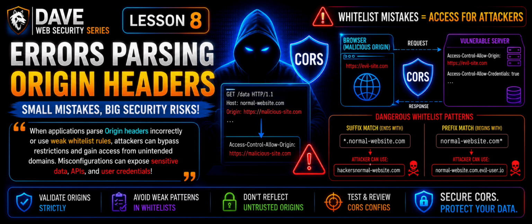For example, suppose an application grants access to all domains ending in normal-website.com. An attacker might be able to gain access by registering the domain hackersnormal-website.com. Alternatively, suppose an application grants access to all domains beginning with normal-website.com. An attacker might be able to gain access using the domain normal-website.com.evil-user.net.